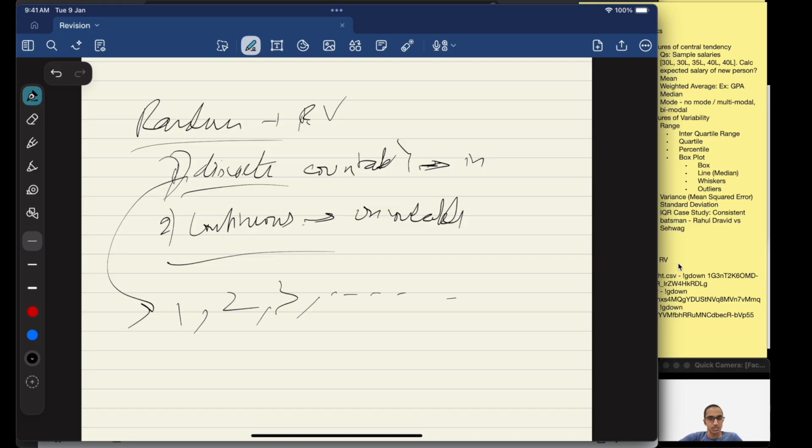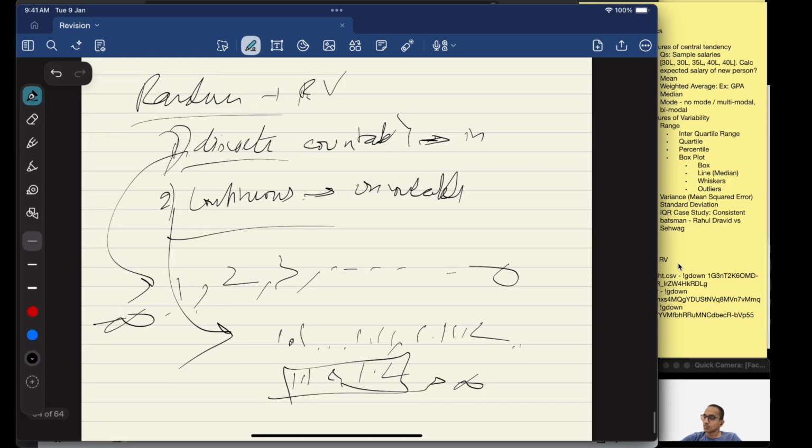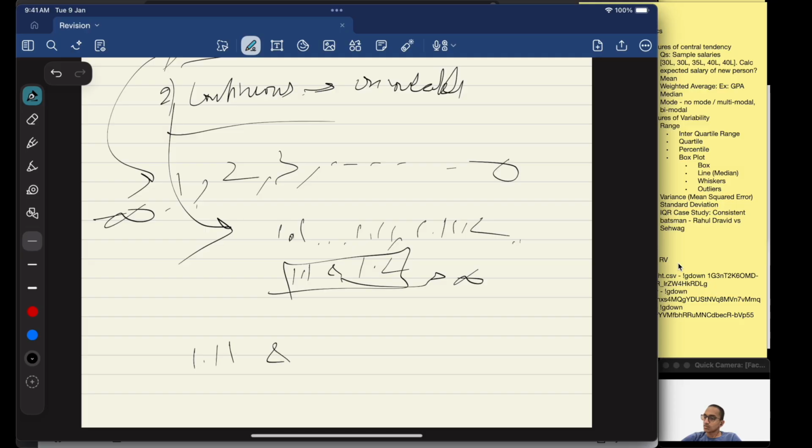Next number is 3, so on up to infinity. And you'll have negative infinity as well. While in continuous random variables, what is the next number after 1.1? Is it 1.11? Is it 1.1112? Between 1.1 and 1.2, there's an infinity here, right? And between, say, 1.11 and 1.112, there is another infinity here as well. So it's infinity of infinities.